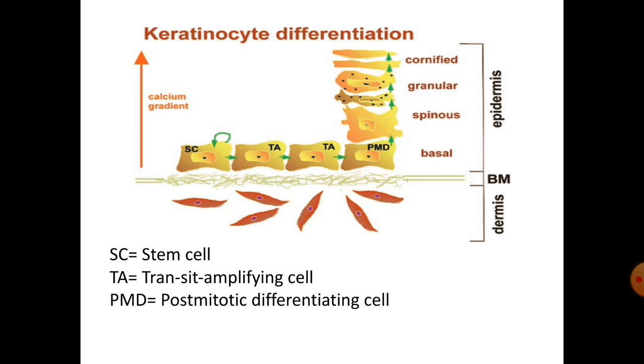Stem cells are the reservoir of the keratinocyte, and they differentiate into TA cells, transit amplifying cells, and then further differentiate into PMD, post mitotic differentiating cells. These PMD cells then ascend above, towards the spinous and granular layers and then the cornified stratum.